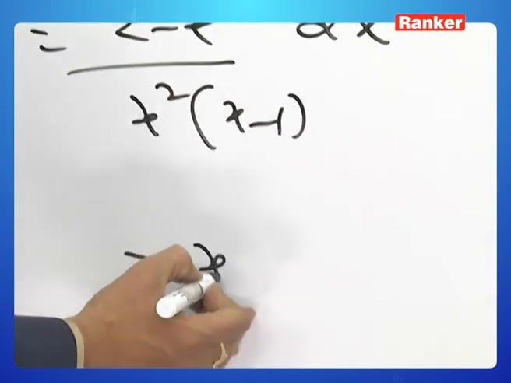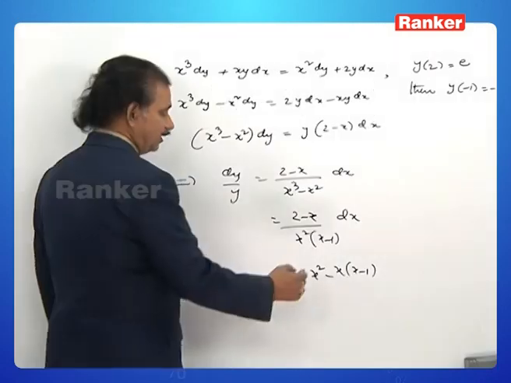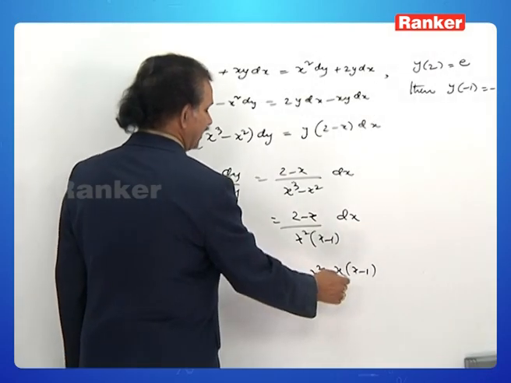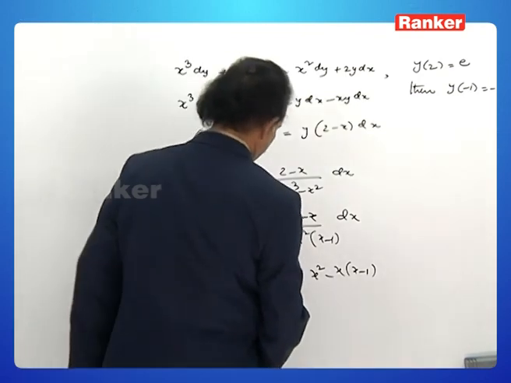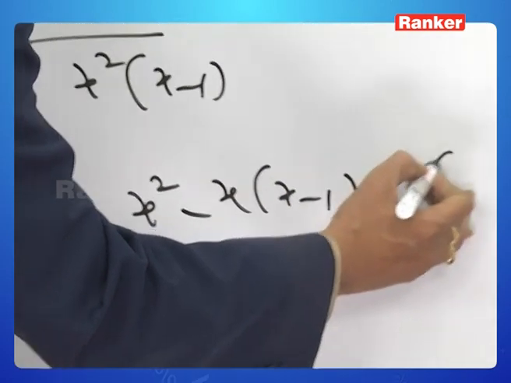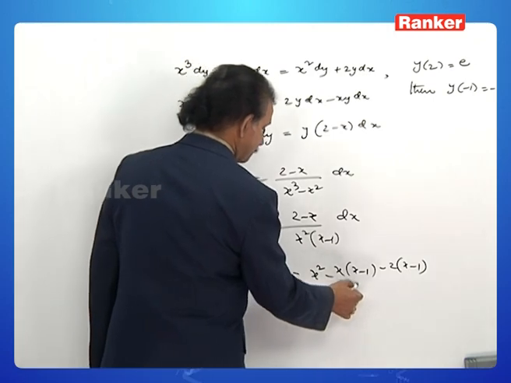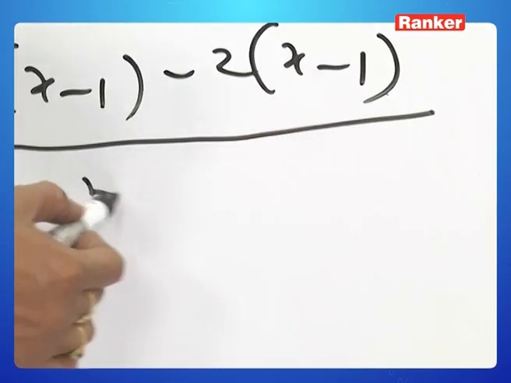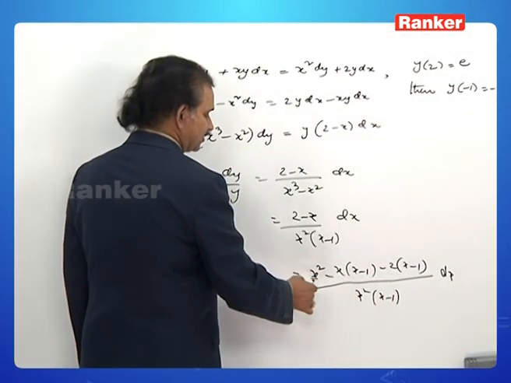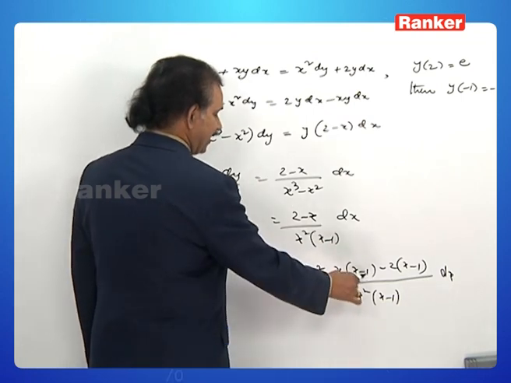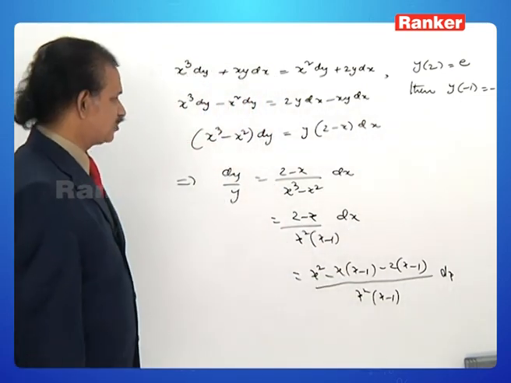Now you observe, x square minus x into x minus 1, x square and minus x square will go away, minus x into minus 1 plus x is there, minus 2 into x minus 1. Minus x into minus 1 plus x minus 2x is minus x plus 2 is there. This is the right way of splitting it.